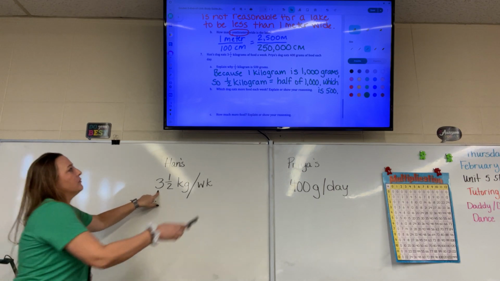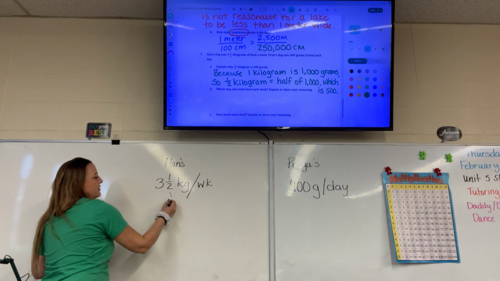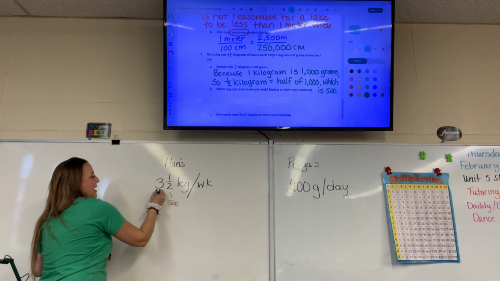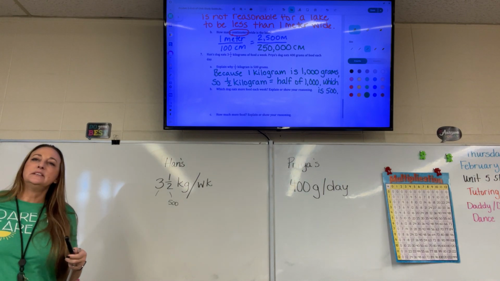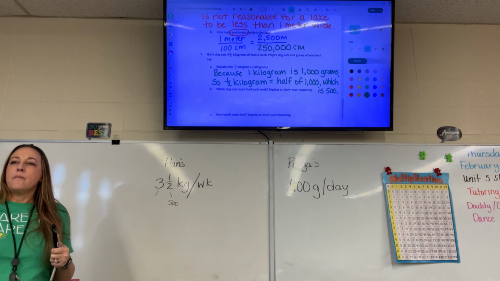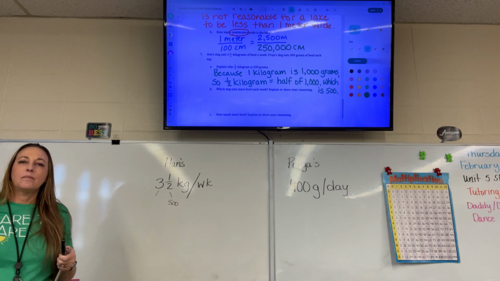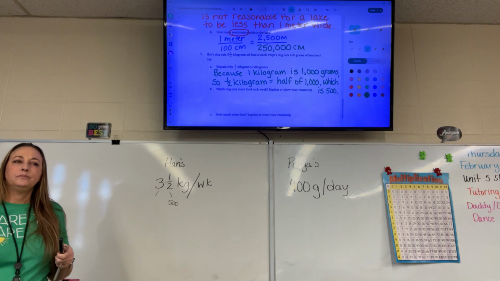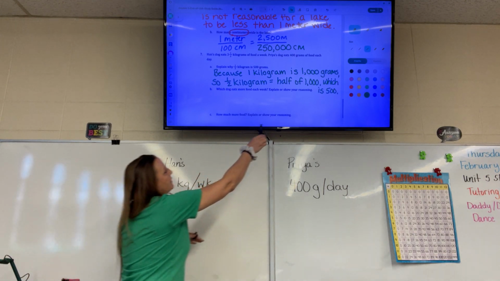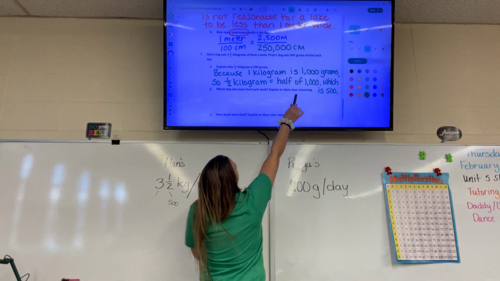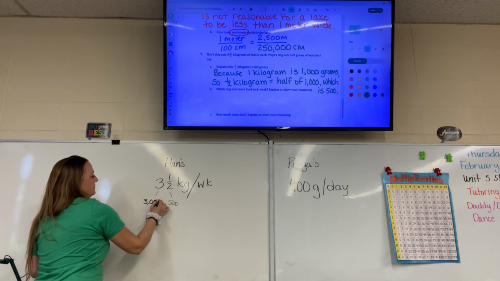So we already know that half of a kilogram is 500 grams. So this is 500. How many grams would be in 3 kilograms, Devin? Zerelda? 3,000. Yes. If 1 kilogram is 1,000, then 3 kilograms would be 3,000.